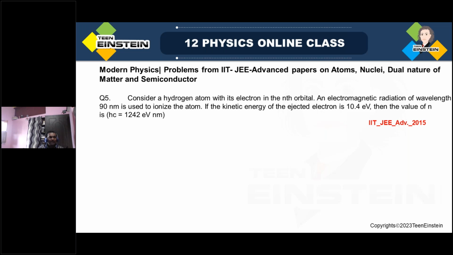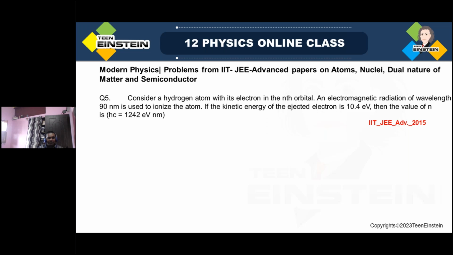The question says, consider a hydrogen atom with its electron in the nth orbital, and electromagnetic radiation of wavelength 90 nanometer is used to ionize the atom.